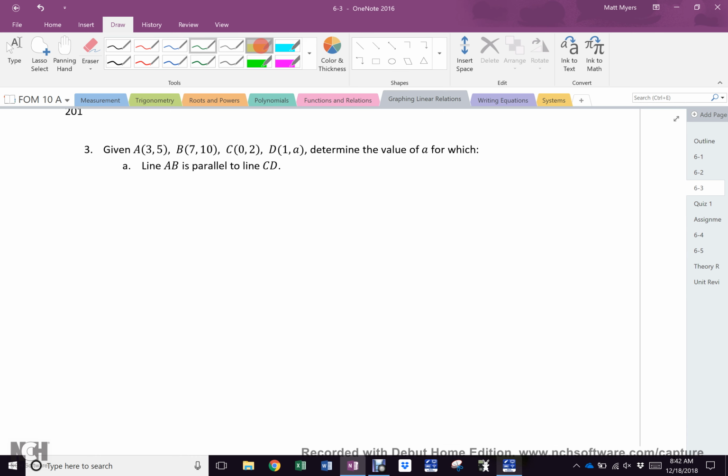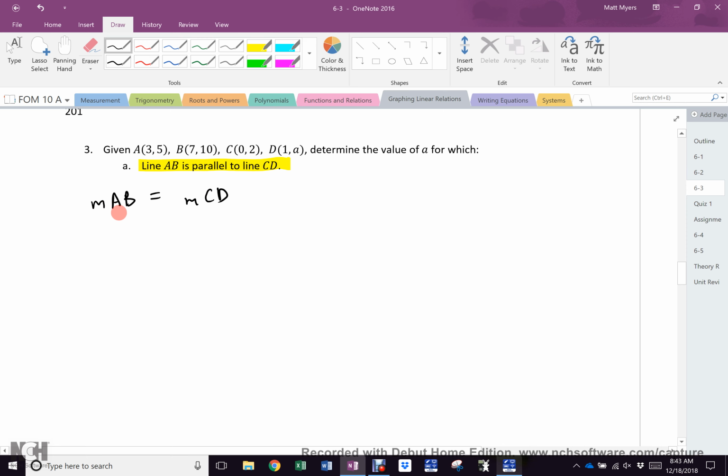If this is true, then what do I know about the slope of AB and the slope of CD? They would be the same, wouldn't they? Which of those can I find right now? Slope of AB. How would I find it?